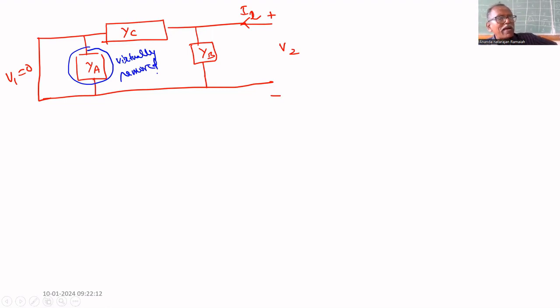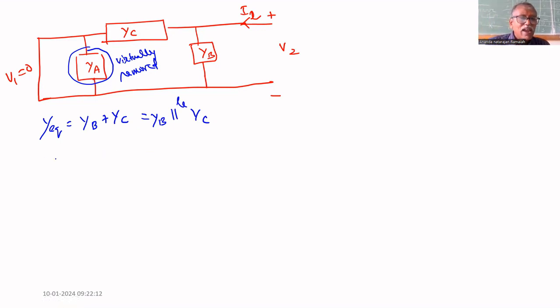YB and YC are in parallel. Therefore, Y equivalent equal to YB plus YC. They are in parallel, that is YB parallel with YC. That's why we can write YB plus YC.